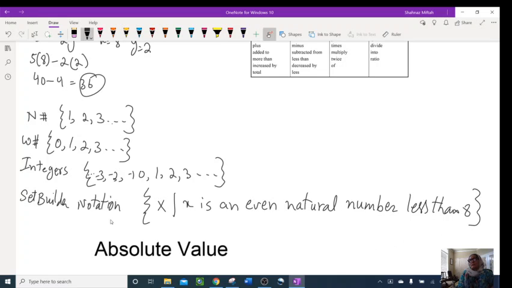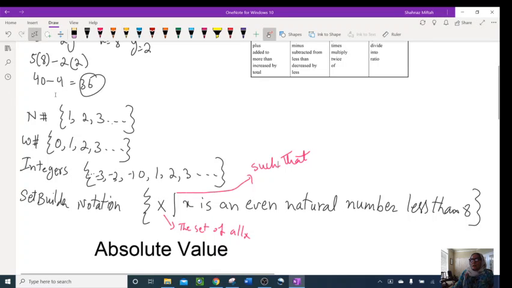Close the brace. This is called set builder notation. The x means the set of all x, this line means such that, and then you go with the rest of the statement.